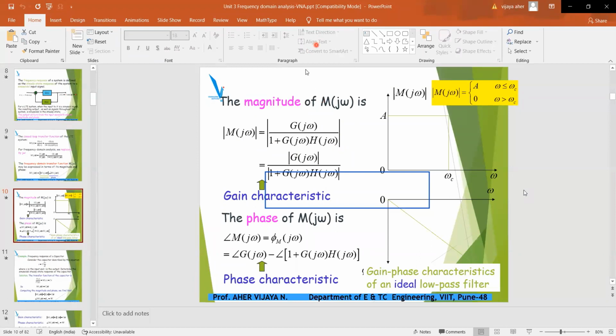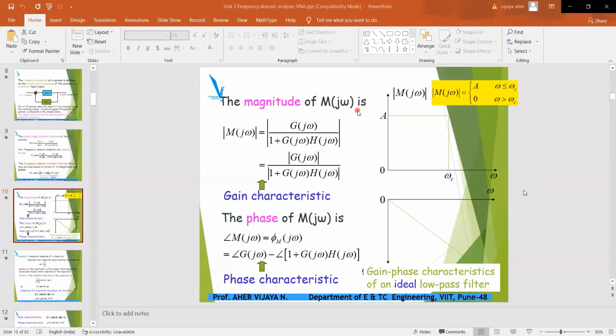Just wait. Okay. You can write this equation: mod of M(jω) is equal to mod of numerator and mod of denominator, modulus. Mod of G(jω) divided by mod of 1 plus G(jω) H(jω), right? Simplify, you will get the magnitude of M(jω) in frequency domain analysis.